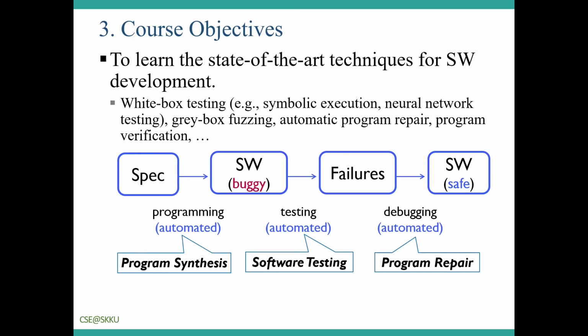In this course, I plan to introduce and guide you through cutting-edge techniques such as symbolic execution, gray box fuzzing, static analysis, program repair, program verification, and more. I believe many of the most exciting and engaging lectures will take place after the midterm exams.